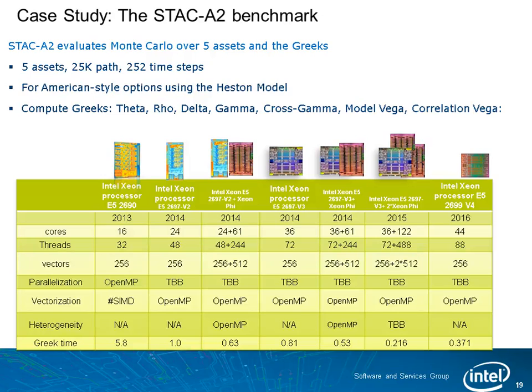I want to mention our StackA2 benchmark. StackA2 is somewhat known and popular in the financial services industry. It is specified by the customers and implemented by the vendors. We had an implementation a few years ago where the time to calculate the Greeks took us just below 6 seconds, and we used OpenMP for parallelization.